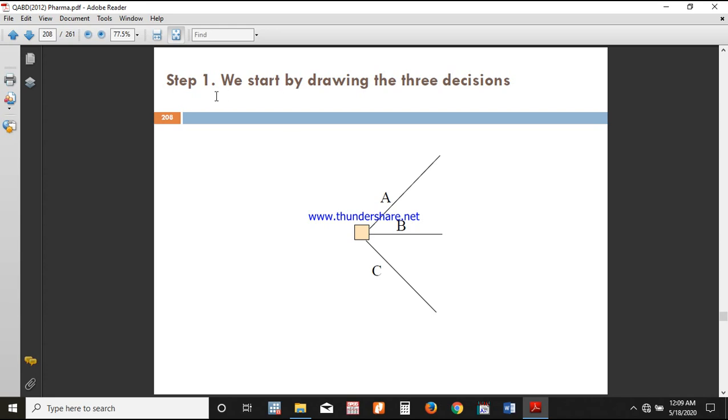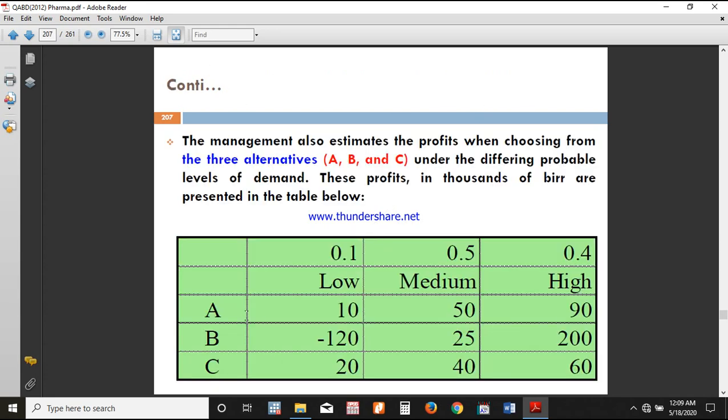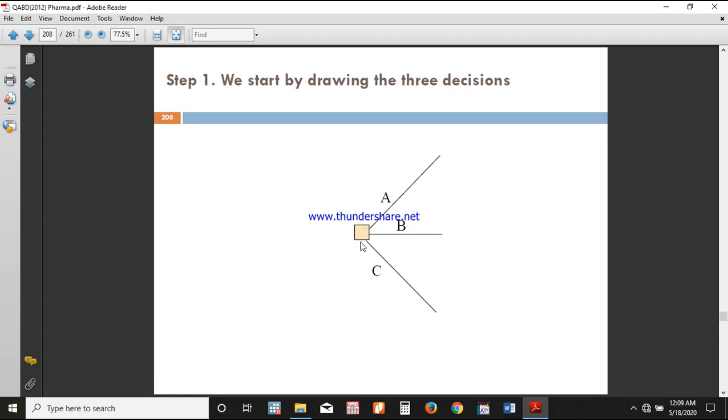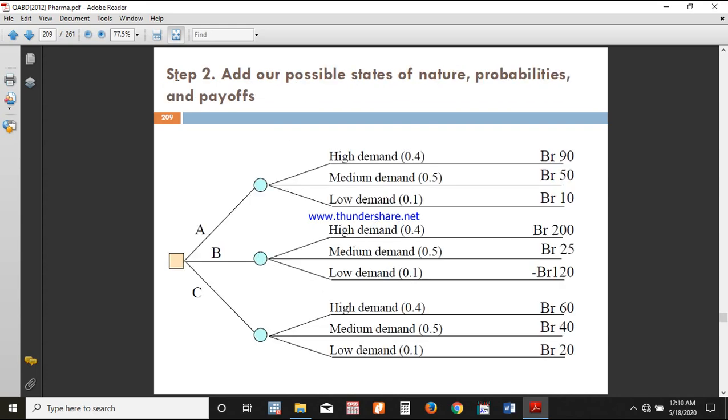In the first step, you start drawing the three decisions, A, B, and C. You put a square and draw lines showing the alternatives A, B, and C. In the second step, add the states of nature with the probability and the payoff: high demand, medium, and low demand for each of the three alternatives, with probabilities 0.4, 0.5, 0.1 for each.